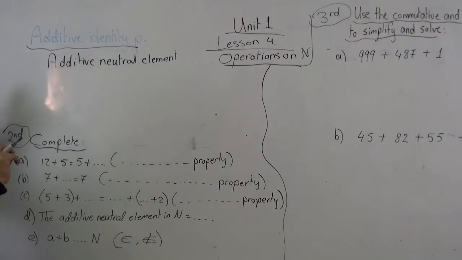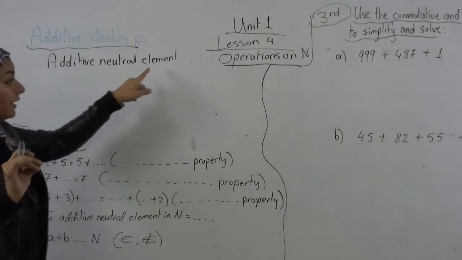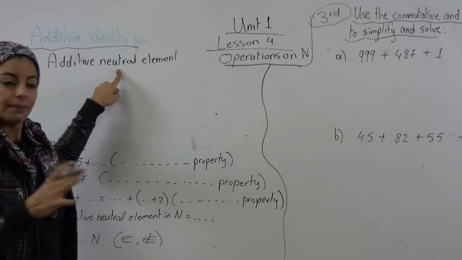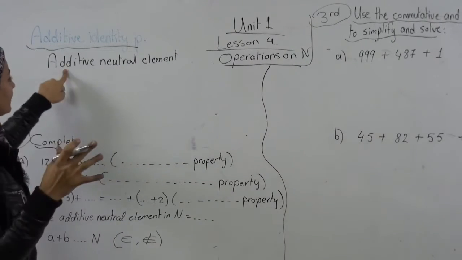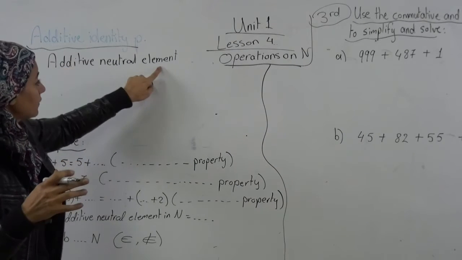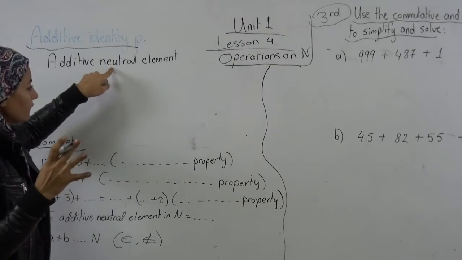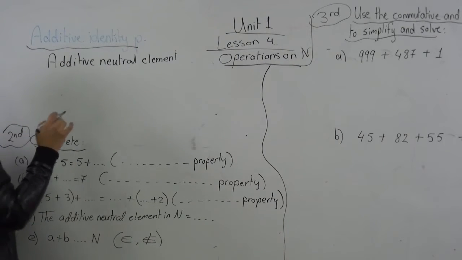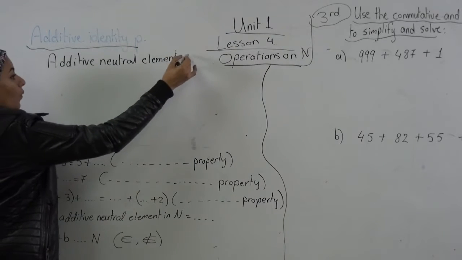What is the meaning of this? The additive neutral element means the number that is neutral, has no color, meaning it has no effect in addition. So these words are very important. In addition, the number that has no color or no effect is the additive neutral element, which is 0.